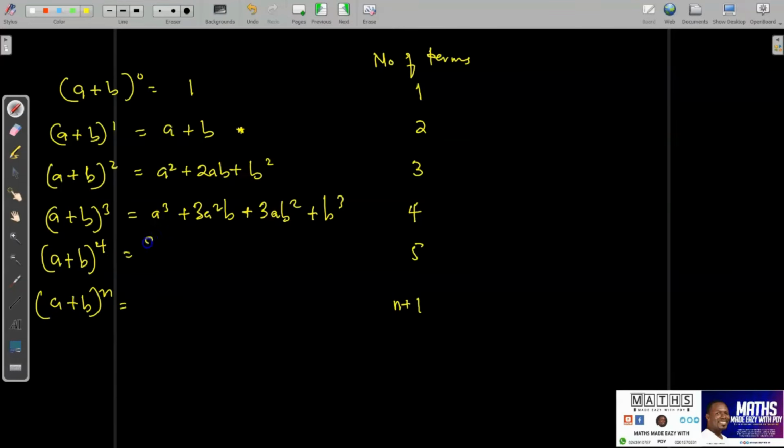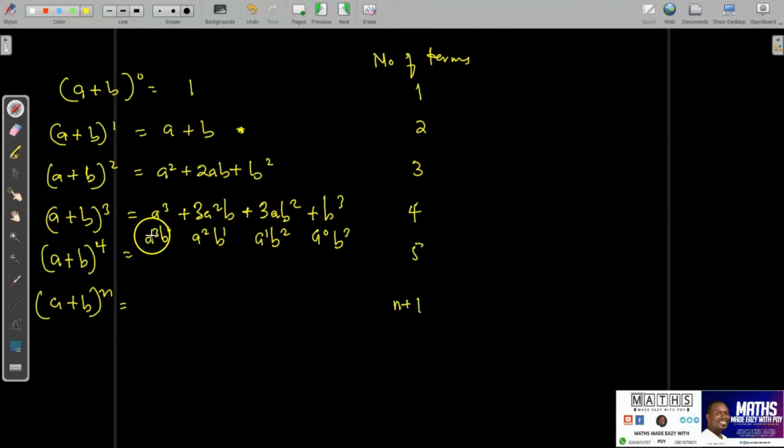So over here we had a to the power 3, b to the power 0. We have a to the power 2, b to the power 1. We have a to the power 1, b to the power 2. We have a to the power 0, b to the power 3. When you put the powers of the variables together, it should give you the highest power in the question or of the expansion. Have you gotten it now?